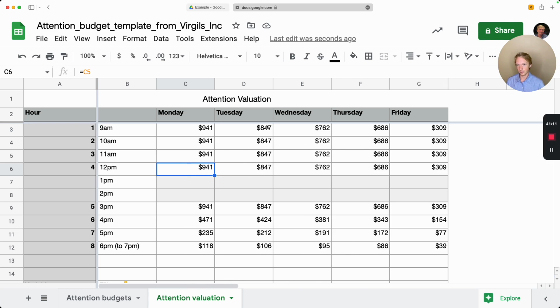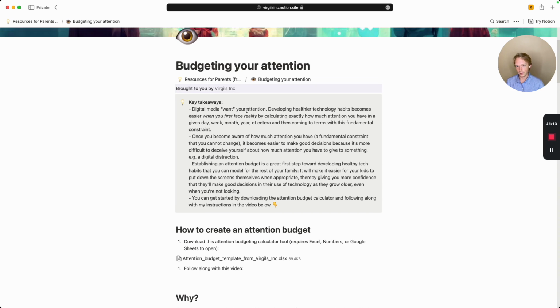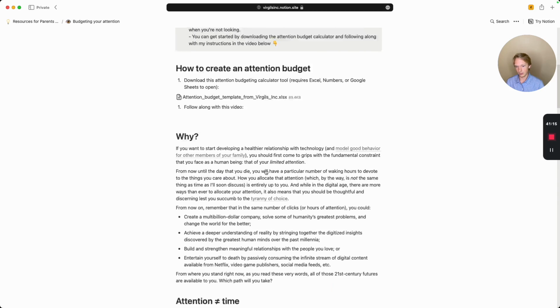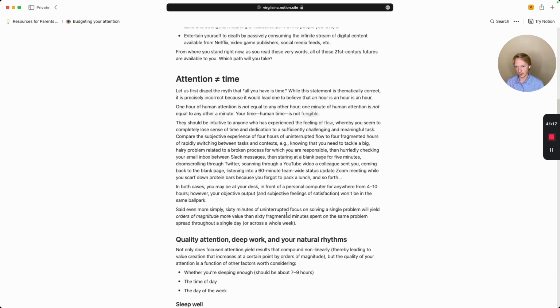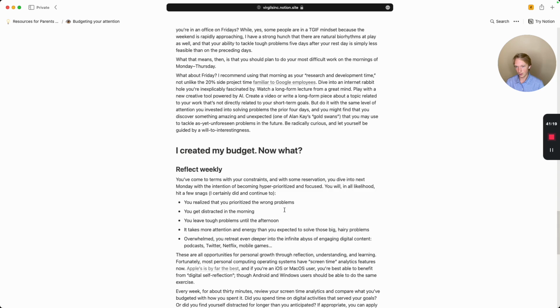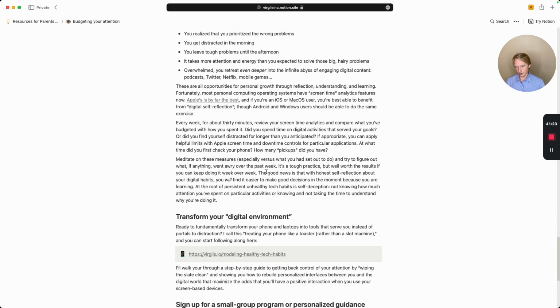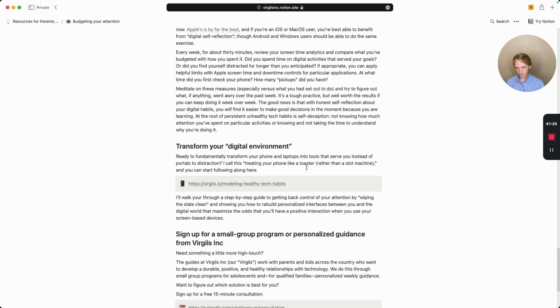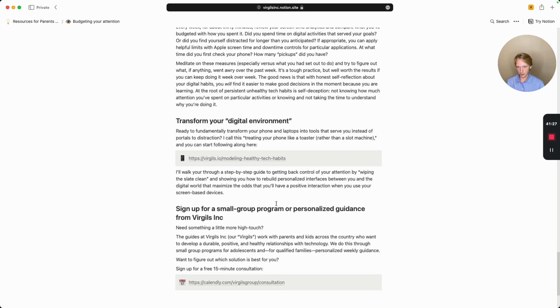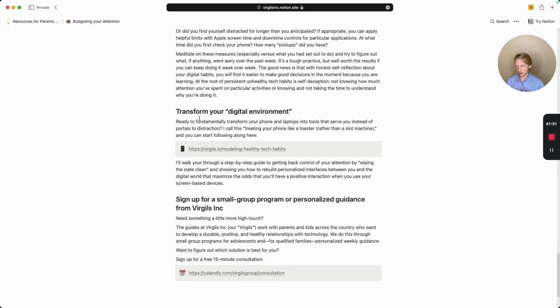I also wrote a little bit of commentary here, explaining some of the thinking around this particular exercise, things you can do, reflection. And then, of course, some other stuff to look into is, okay, now you've set your budget, you have your constraints.